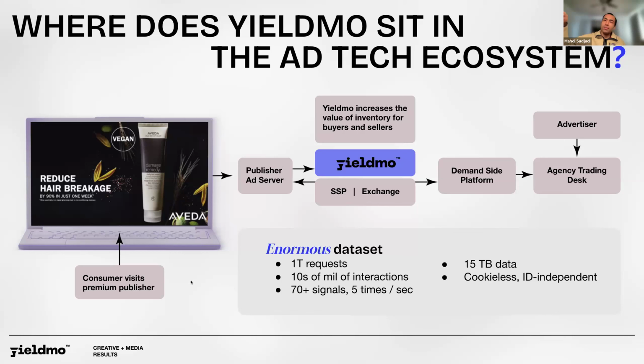And then we pass it on to demand-side platforms, which you could imagine are representatives of advertisers. If everything works out, multiple DSPs bid on the same request, and the one with the highest bid wins. Finally, a digital handshake happens and the ad is shown. This entire process happens in, imagine, 50 milliseconds.